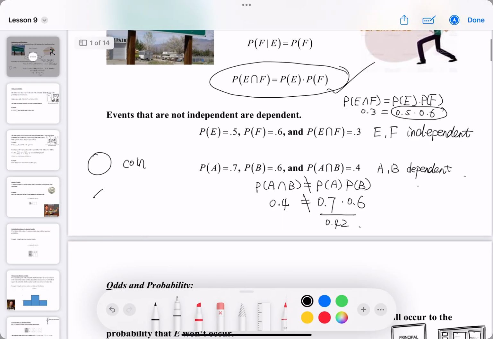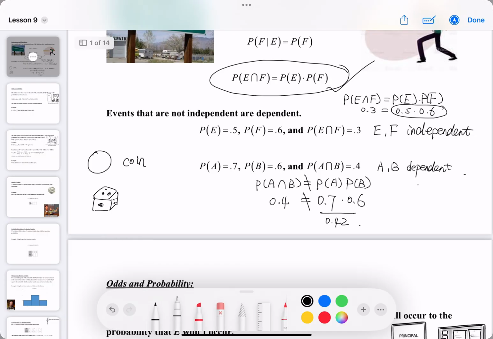And also if I have a fair dice, with 3 here, 1 here, 2 here, or 4, tossing a dice is an independent event.